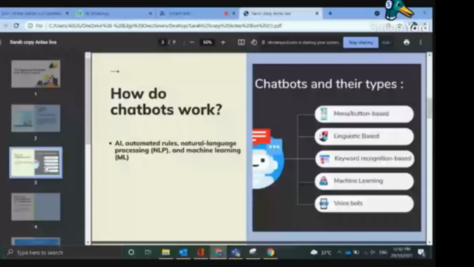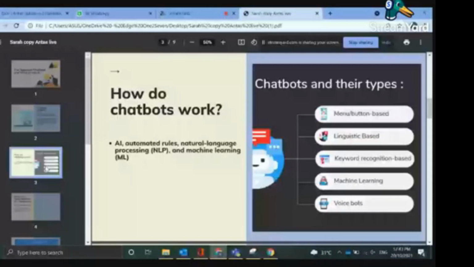There are a few different types, and to understand that, the one type that is listed here is hybrid. Hybrid is when it uses more than one of these six, so it's called a hybrid chatbot. Number one, menu-based button.